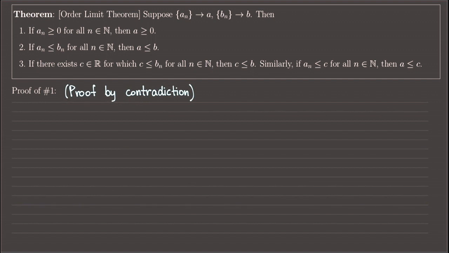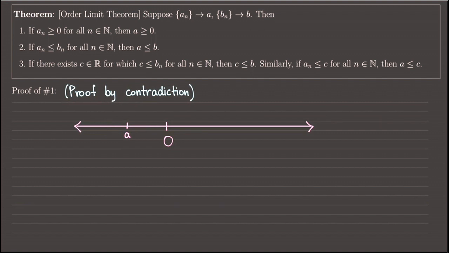Let's sketch a picture so you can see how the argument follows. Here's the number line. There I've indicated 0. Imagine that a was strictly less than 0. If it's strictly less than 0, no matter how close it is, there's got to be a measurable distance between a and 0. So what we're going to do is choose epsilon so that all of the points which are within epsilon of the limit a live to the left of 0.